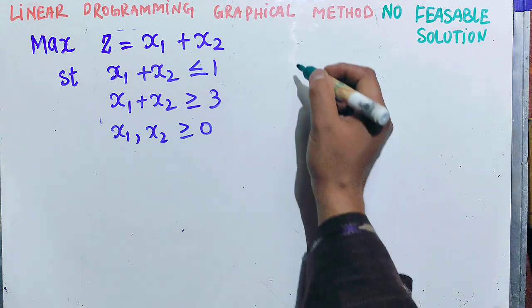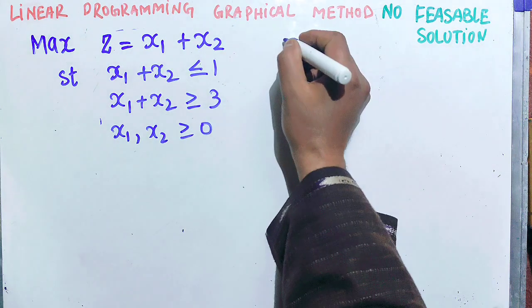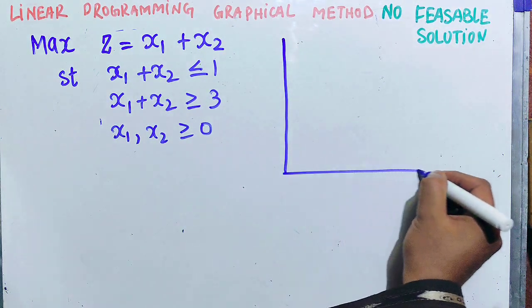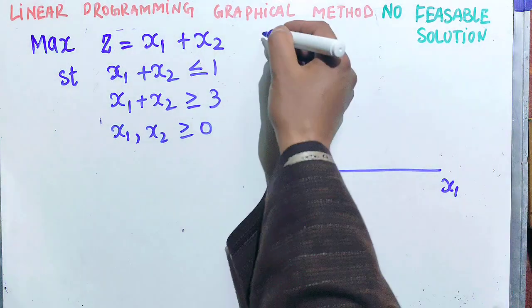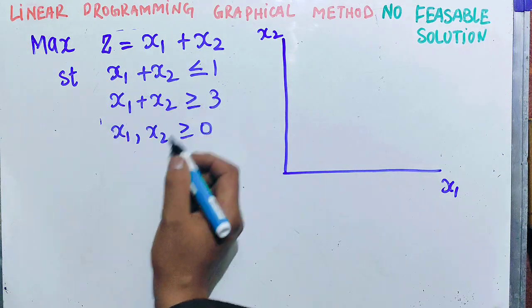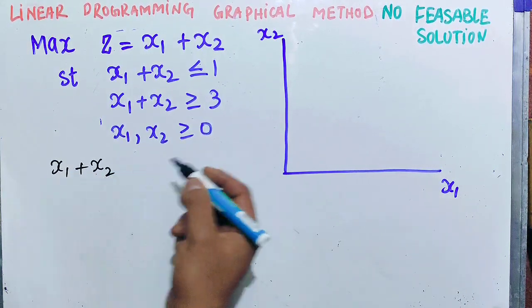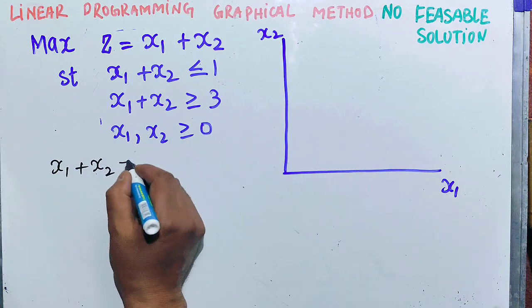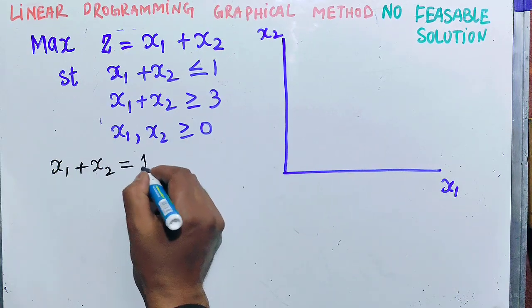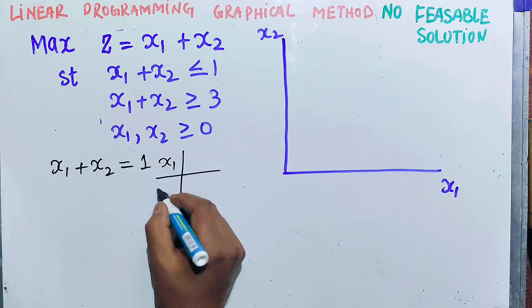Okay, so let us first draw the graph here. So we have x1 and x2. So since we have x1 plus x2, to draw the graph we take equality sign here. Okay, so you can see here we have x1 and x2.